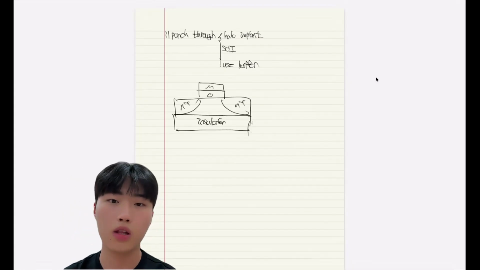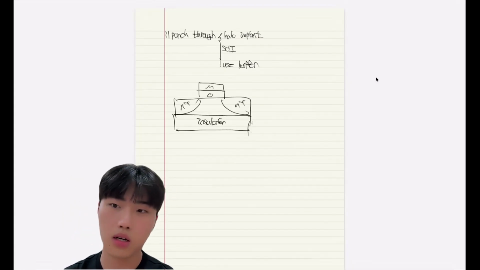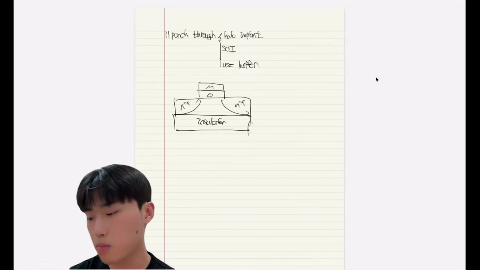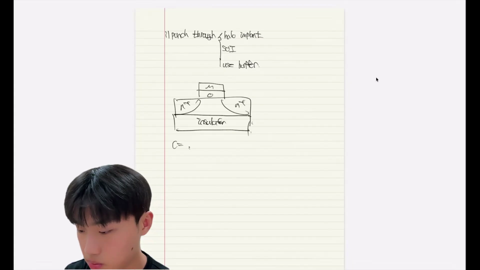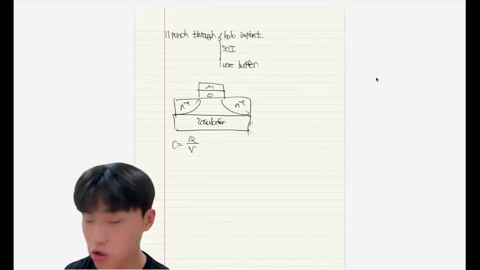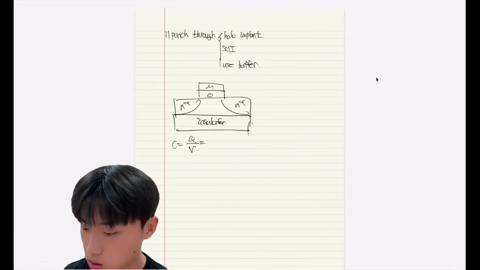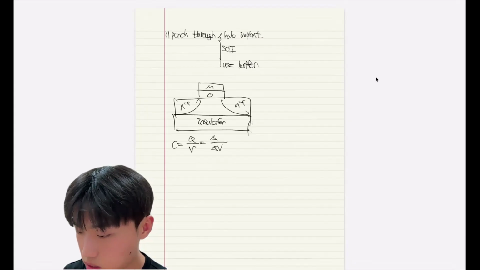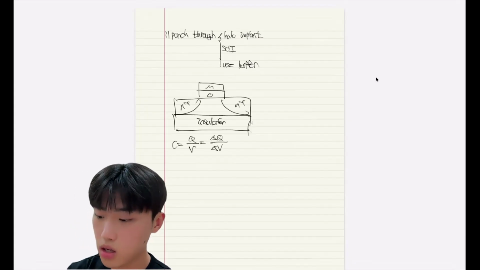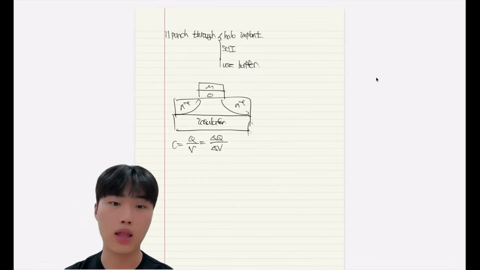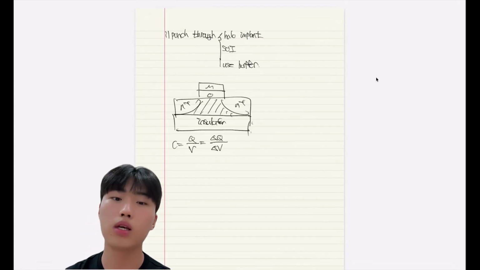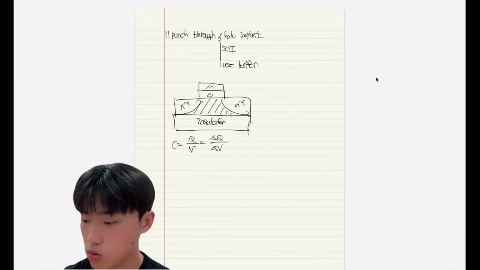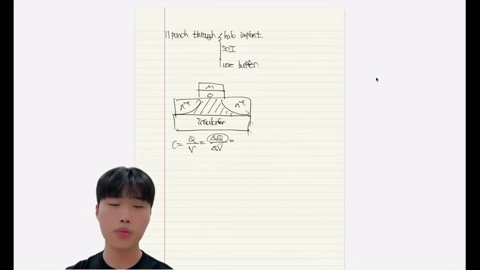As we learned with capacitance, C will be Q over V, which is delta Q over delta V. But when we apply a higher bias, the channel side will be fully depleted, so the Q will not change.